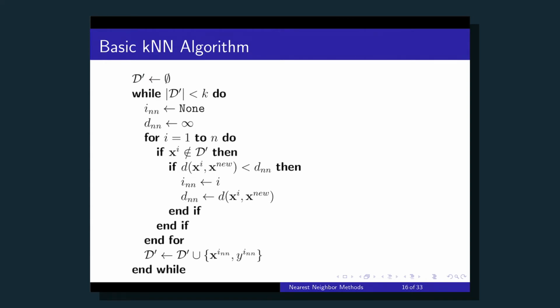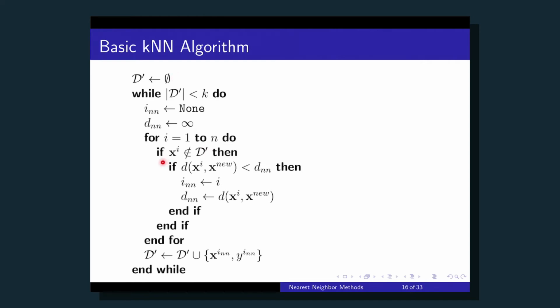Makes sense, because if I find the closest point, put it into d prime, and then start looking for another point, if I see the original point that I put in, that's going to be the closest, so I'll put it in again, and this will never end. Or actually what will happen is your d prime set will have 3 copies of the closest point. So you ignore points that you've already added to the set of nearest neighbors.